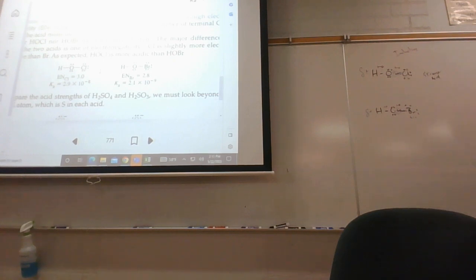Then we look at hydration. OCl minus is smaller versus OBr minus, and the smaller the size, the more stable the solvated or hydrated ions.